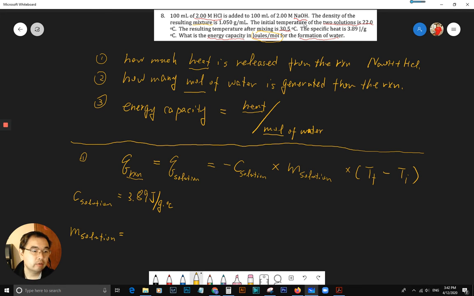So the mass of the solution is the density, 1.050 grams per milliliter, times the volume of the HCl plus another 100, which is the volume of the sodium hydroxide.